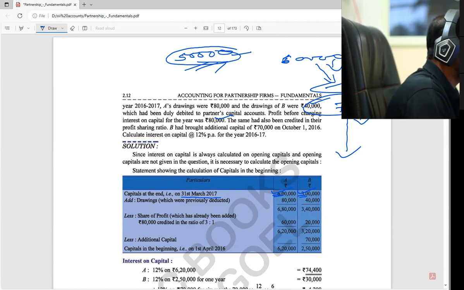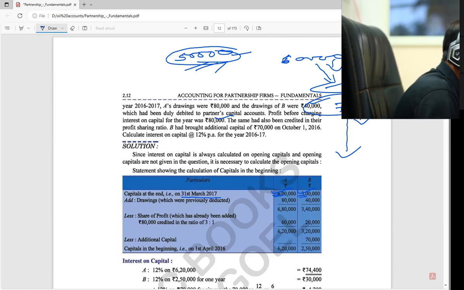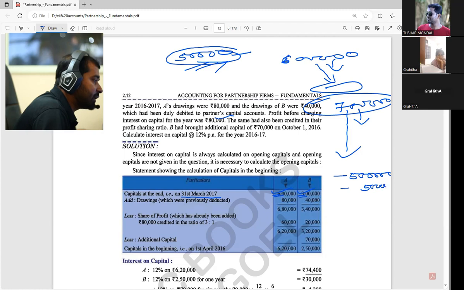So how we calculate the beginning capital, let's see. In between, one capital was there. Say, for example, the beginning capital was 5 lakh, I said. Okay, and one amount we have withdrawn, 50,000, that is known as drawings. Your capital becomes how much? 4 lakh 50,000.